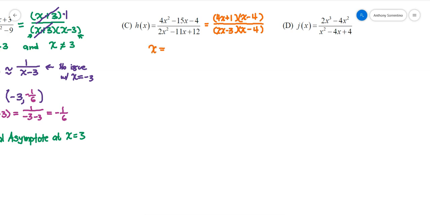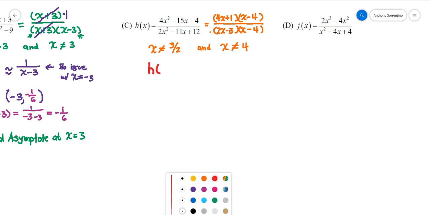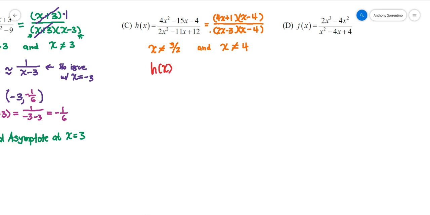So with this in mind, I could easily identify what the domain restrictions are. X cannot equal 3/2, or 1.5, because that's going to create an issue in the first quantity. And x cannot equal 4 because that's going to cause an issue in the second quantity I have in the denominator. Well, when I look at these functions, I can note that h of x can be rewritten as a simplified version.